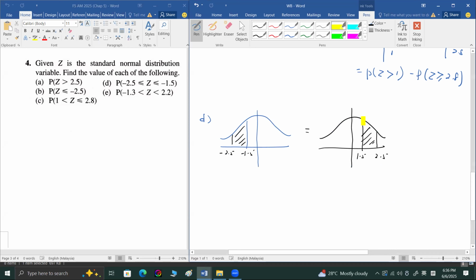So remember just I said, I want to find this region. I get the yellow one, means greater than 1.5 minus 2.5. So your formula is Z greater than 1.5 minus Z greater than 2.5.